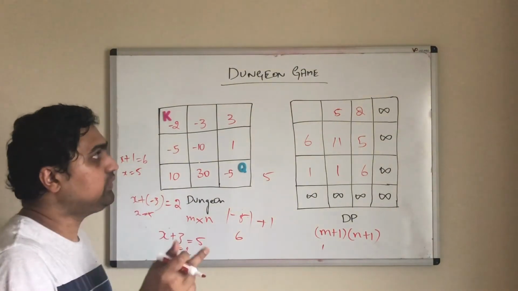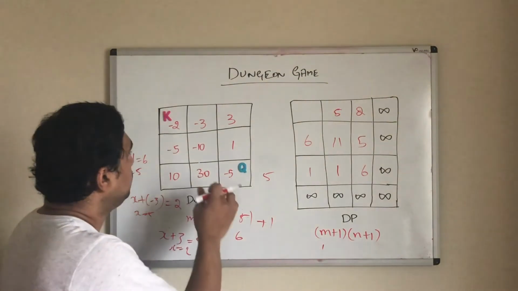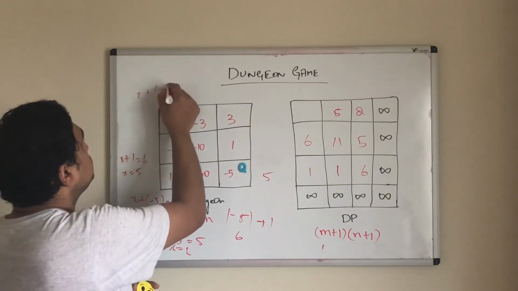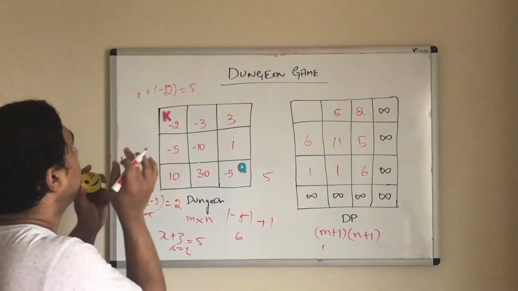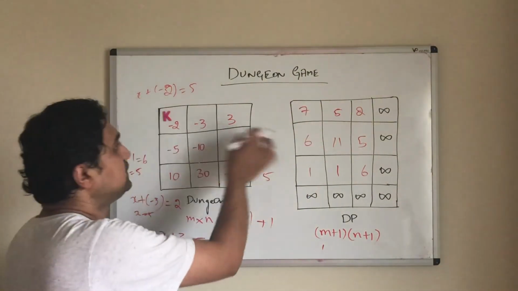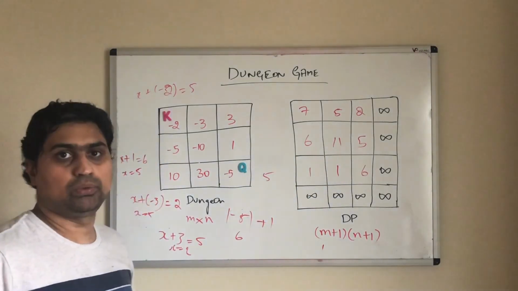But then in order to save the queen, he should have a health of at least 5. So x plus minus 2 should add up to 5. That is, the knight should have a health of at least equal to 7. So 7 minus 2 is 5, and he's able to take this route to save the queen.